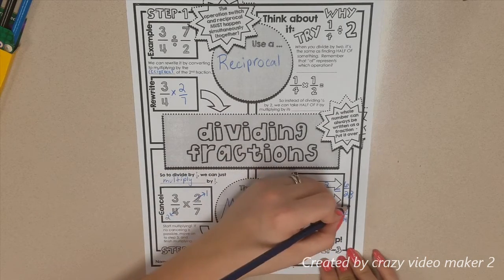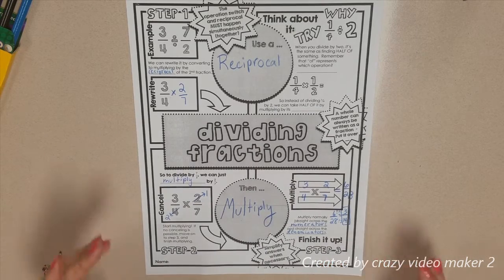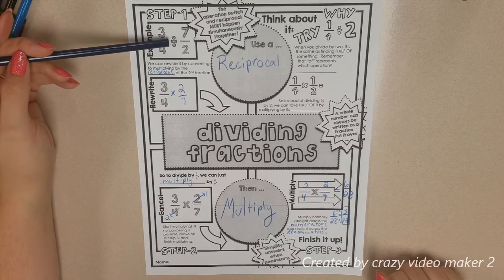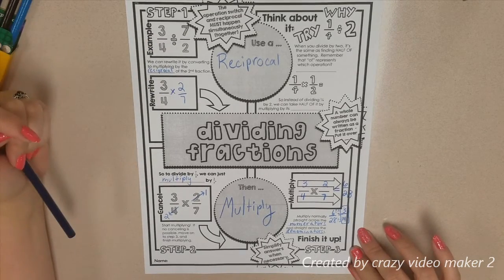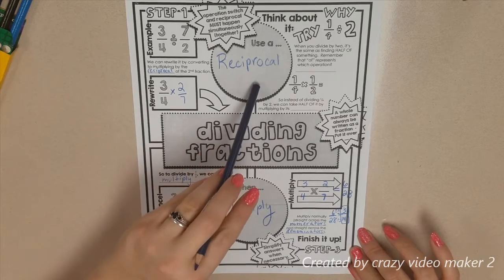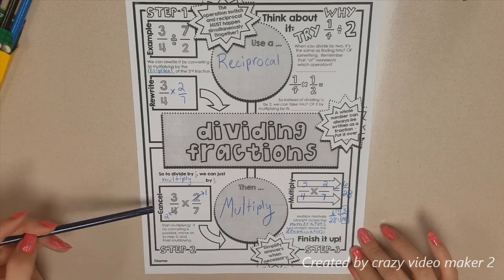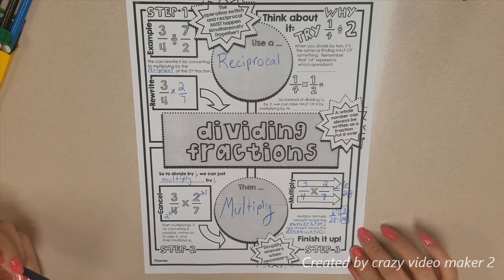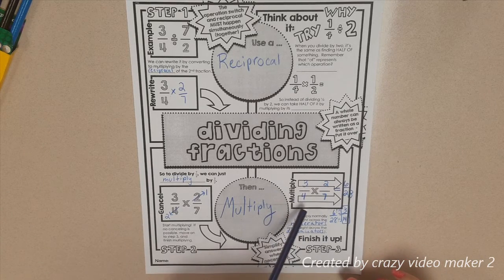And so we're done. That would be your final answer. Okay? So all we did, first step, change your division to multiplication and flip the second fraction. So use a reciprocal and then you multiply. Remember, you can cancel on the diagonals if you like to do that. If not, you just multiply straight across.